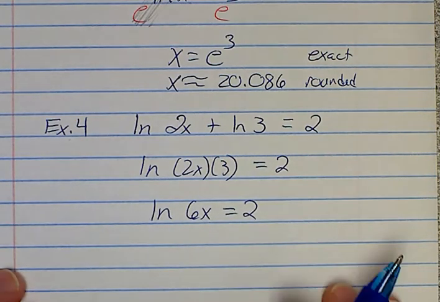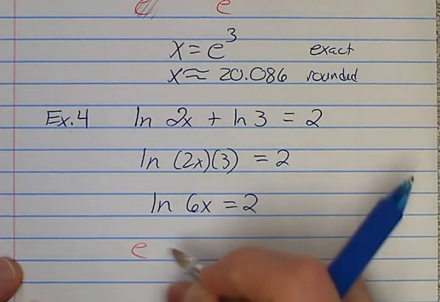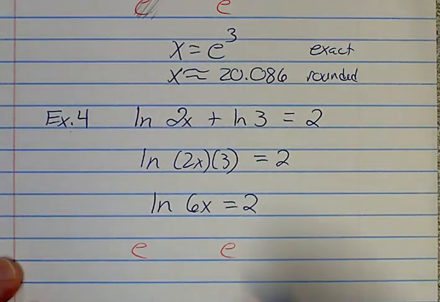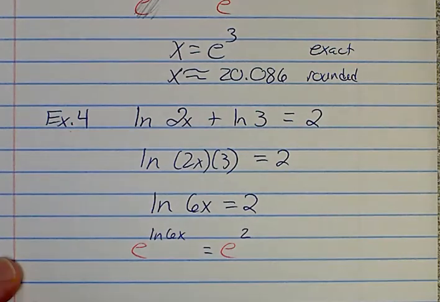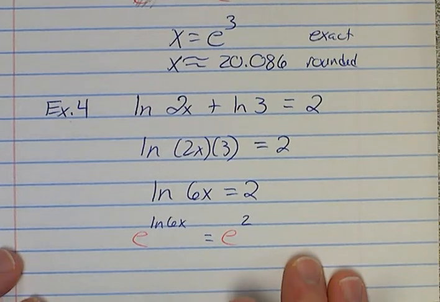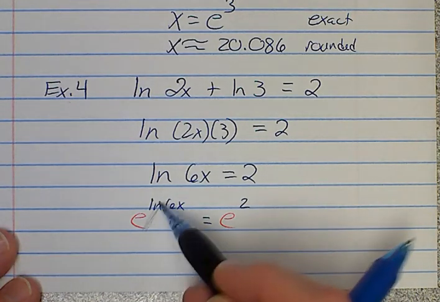And once you've got the 1 ln, now you can take the e to both sides. And once you've got the e to ln, those 2 things knock each other out.